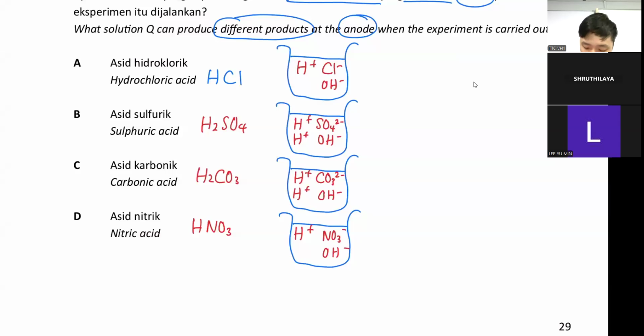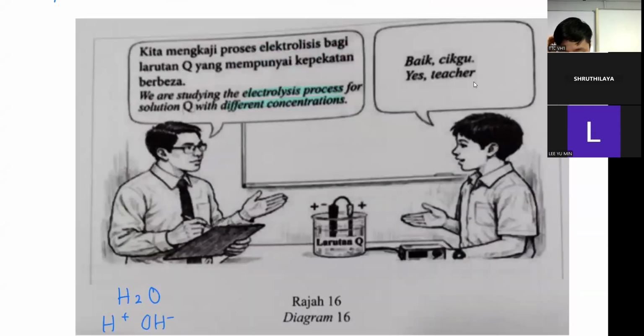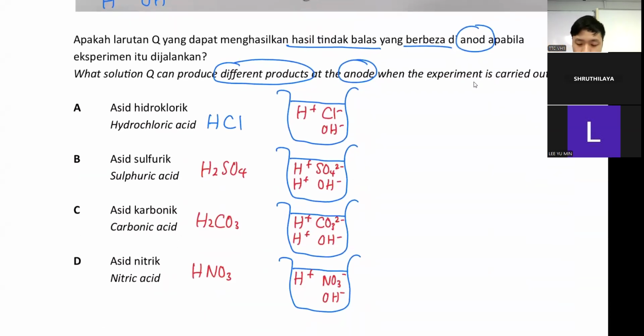Normally in this situation, what is the factor that will determine which ion will be oxidized? Three factors, right? I told you. The first one is the type of electrode.